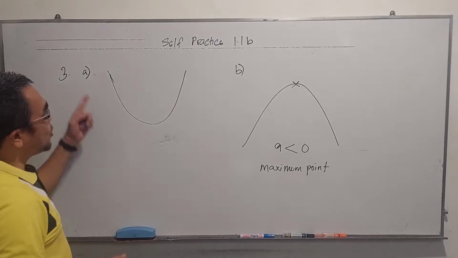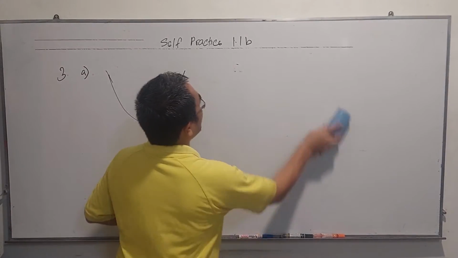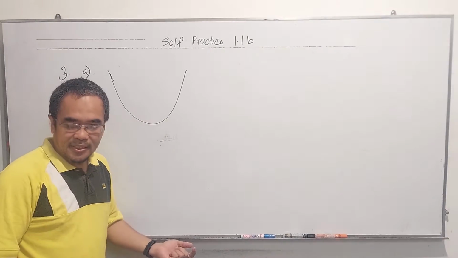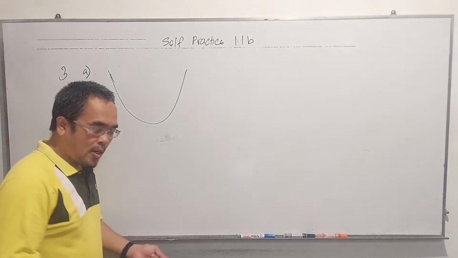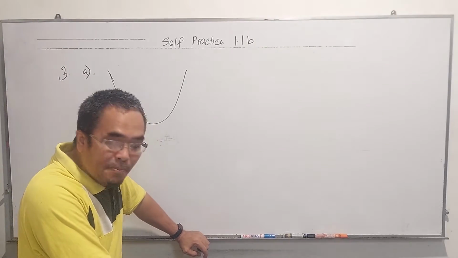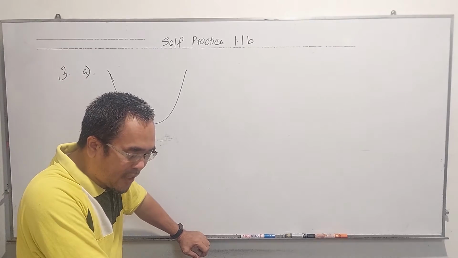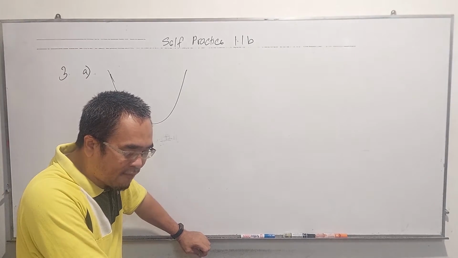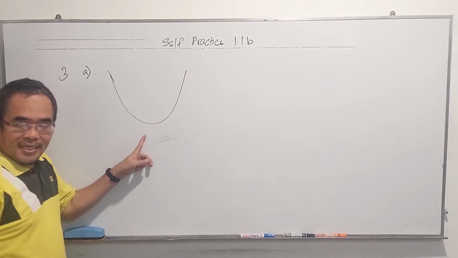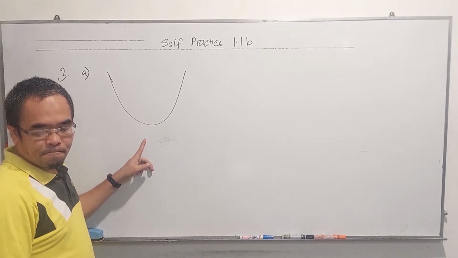Okay, so look at the question number 3A. The region is given to us in the graph paper, so we can read the coordinates. Okay, so the question is, determine the maximum or minimum point and state the equation of axis of symmetry for each graph of the quadratic function below. So what is this? Is it minimum or maximum for A?